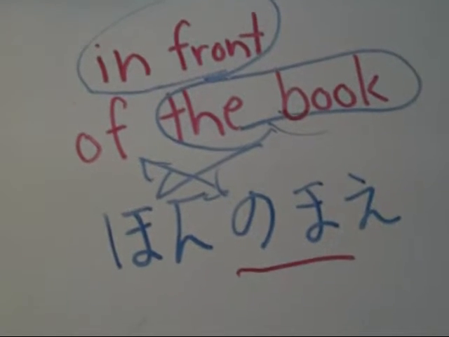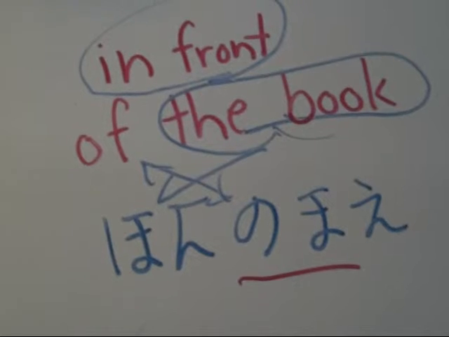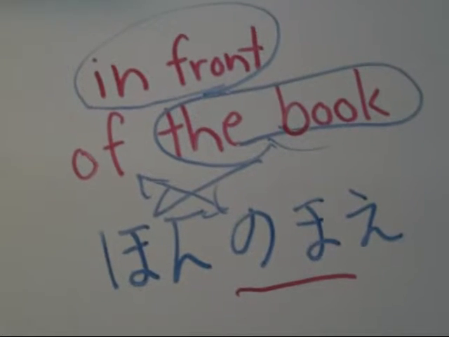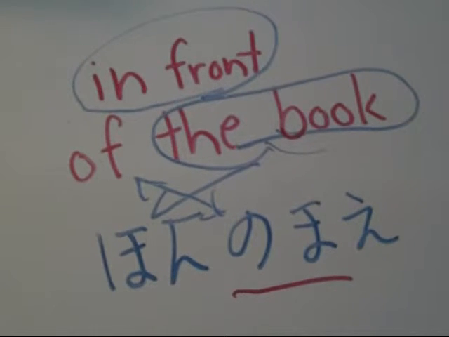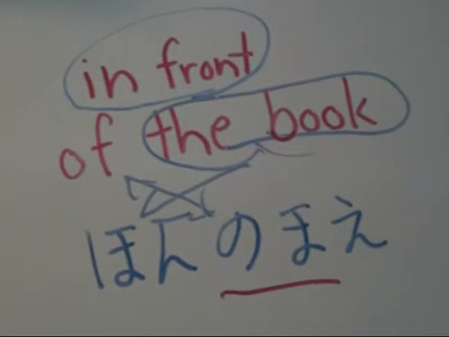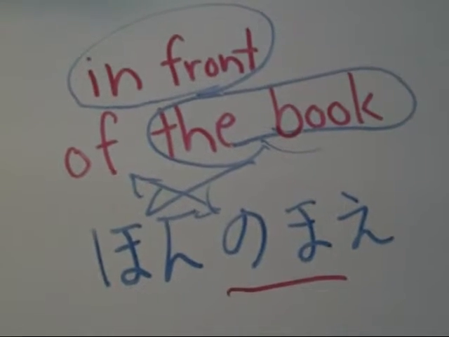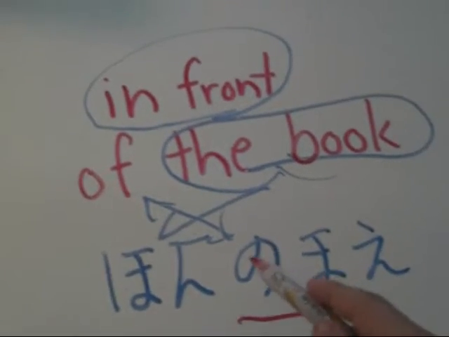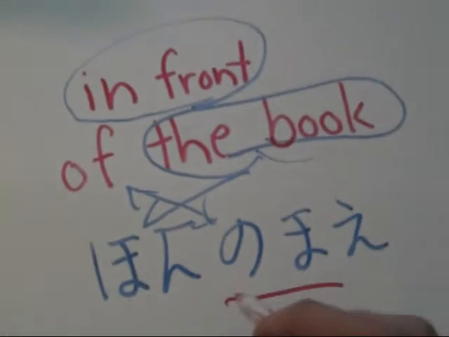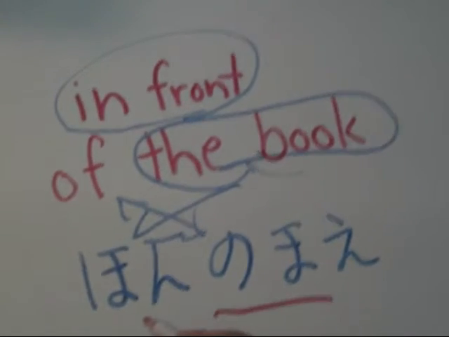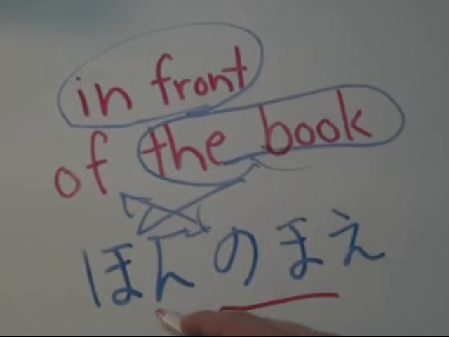And this is true of all of the words that you learned yesterday, except for koko, soko, and asoko. Those are part of the demonstrative pattern and stand by themselves. But these are describing a location to an object, such as a home, as a book.